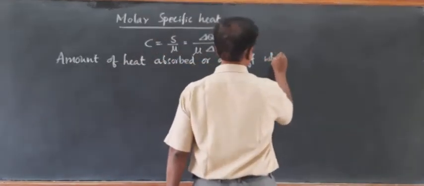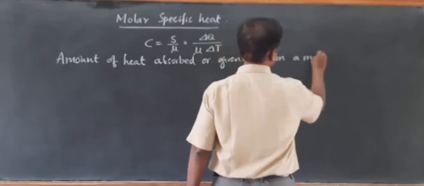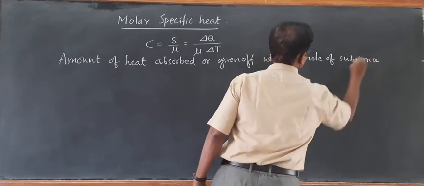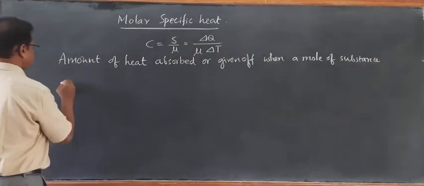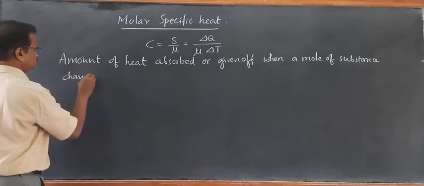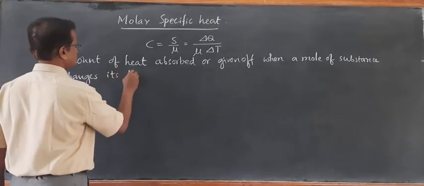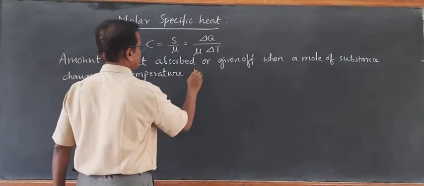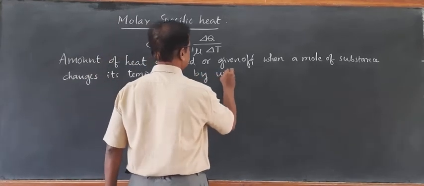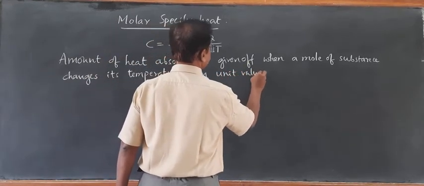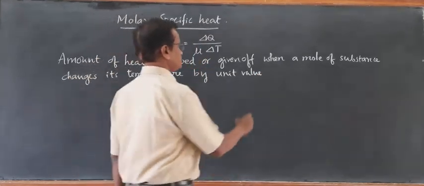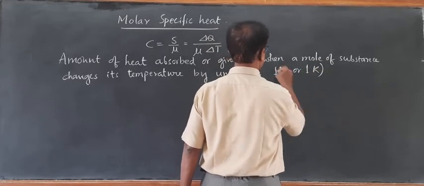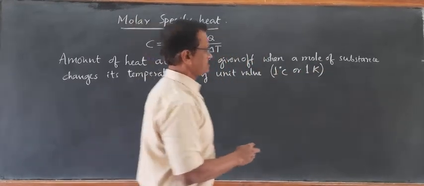When a mole of substance changes its temperature by unit value. Changes temperature by unit value means either by 1 degree Celsius or 1 Kelvin. That is called molar specific heat.